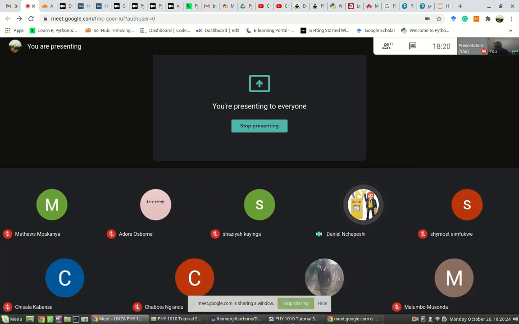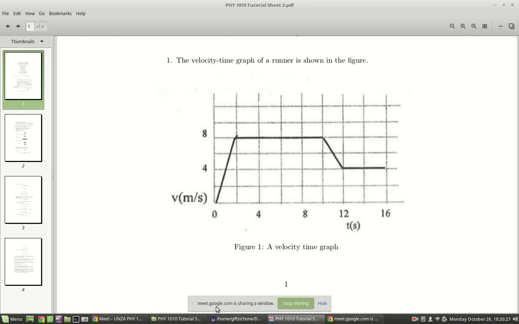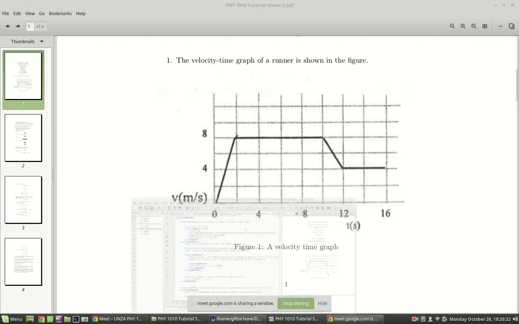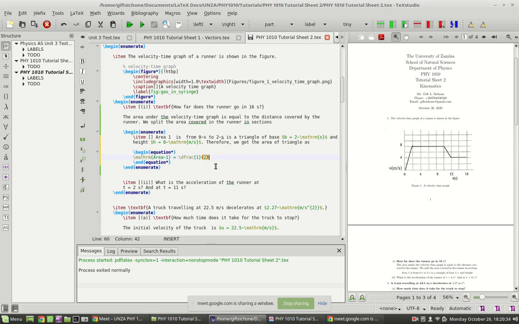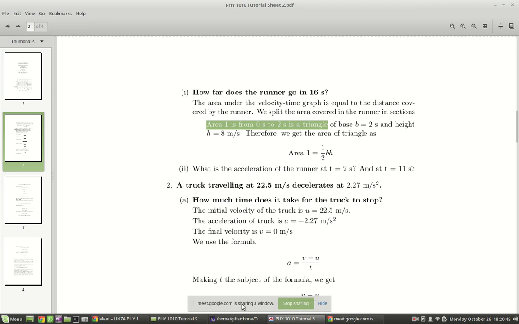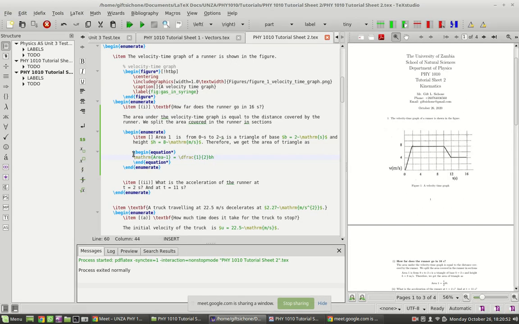Area equals half times BH. There, area 1, half times BH. So we substitute what we have for the base and the height.